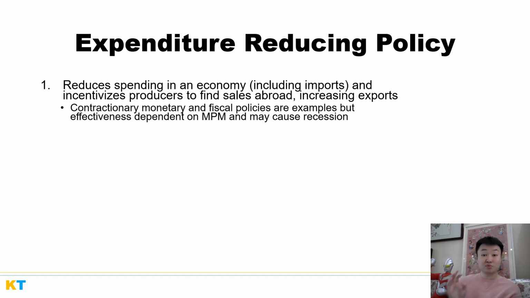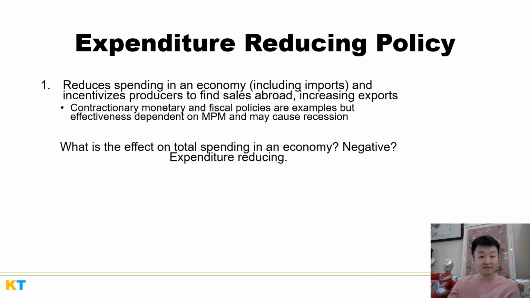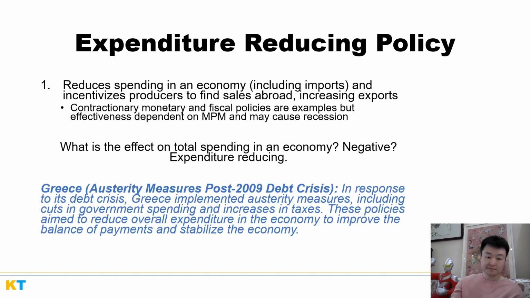And because these two policies are contractionary on the demand side, we might actually cause a recession. So if we're asking ourselves the question, what is the total effect on the total spending in an economy? The answer is there's a negative effect, then it's an expenditure reducing policy.